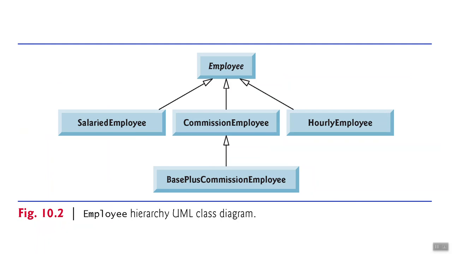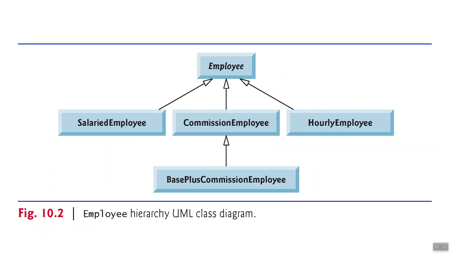So from employee, we're able to inherit all the goodies that come along with employee by extending that class and creating 3 new classes, salaried employee, commission employee, and hourly employee, that extend from employee class. Furthermore, the base plus commission employee is a subclass that inherits from commission employee. So here we have a few different levels.